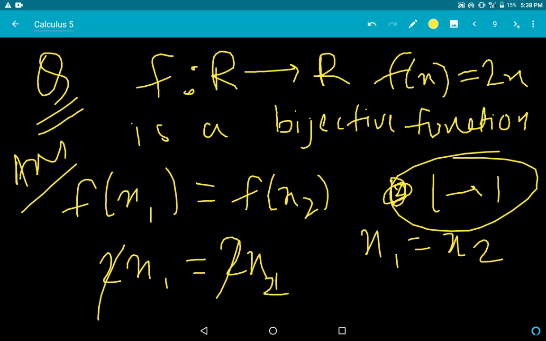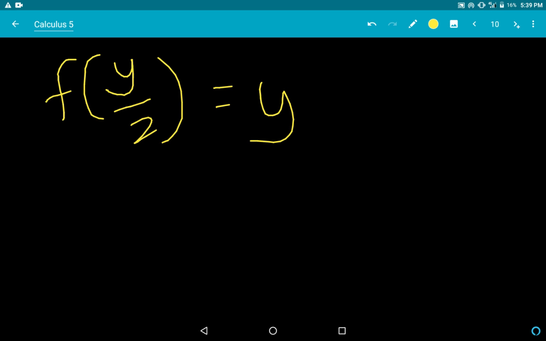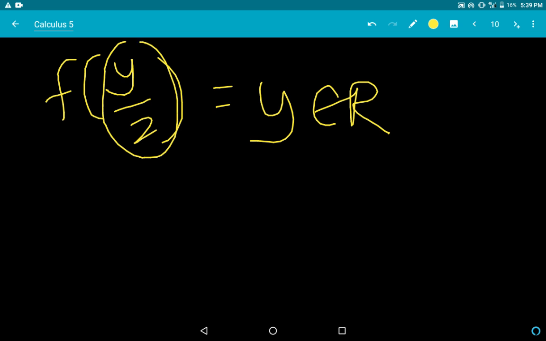Now we have to show it is onto. Let's say f of y by 2 is nothing but y. Now y belongs to R, and y by 2 will also belong to R. So I can say that for all y belonging to R, there is a y by 2 that maps to it.